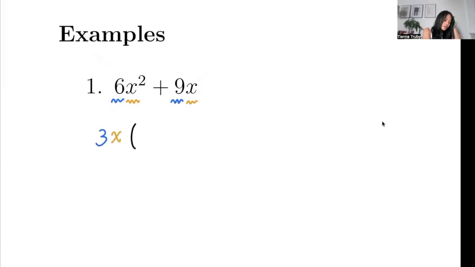Now, I'm going to fill in my parentheses. I have to think about what is going to make it true. So how do I get a 6x squared down here, and how do I get a 9x down here? So we're going to fill in our values accordingly. So 3 times 2 would give me the 6, and then x times x would give me an x squared, right?